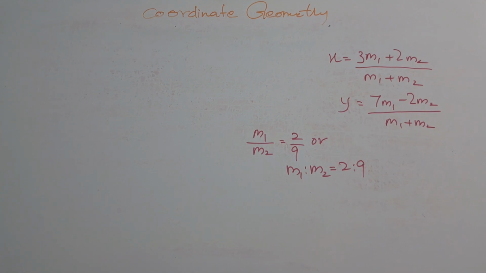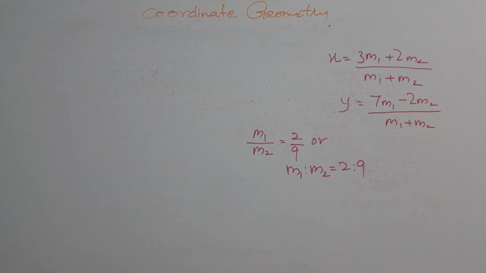You can also find the coordinates of the point by substituting the values of m1 and m2. In this particular question you are not asked to answer this, but let's see if it is asked.